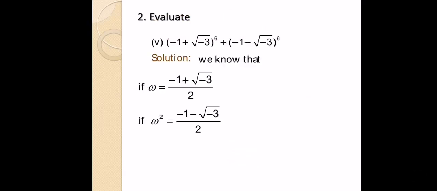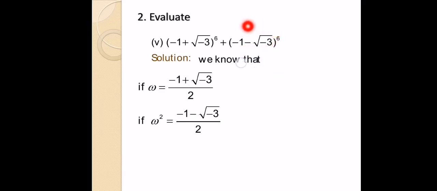The next sum which we are going to do is part 5 of question number 2, evaluate. The expression given over here is (minus 1 plus under root minus 3) whole power 6 plus (minus 1 minus under root minus 3) whole power 6.